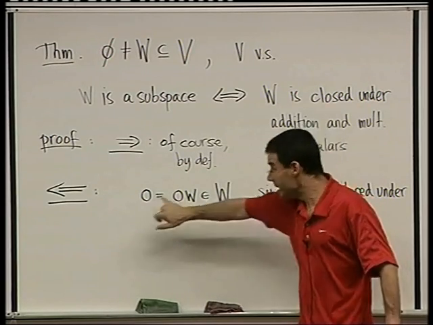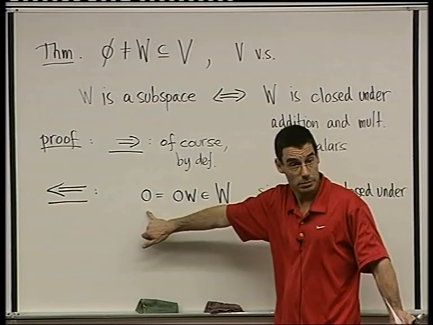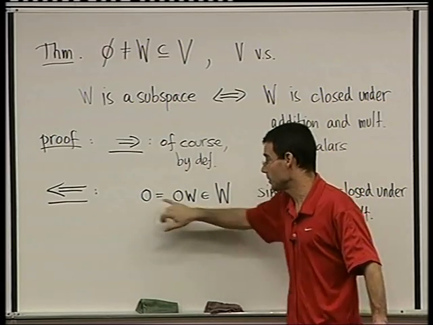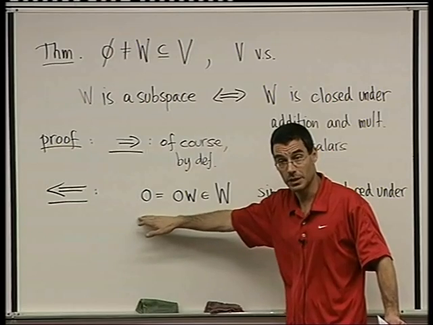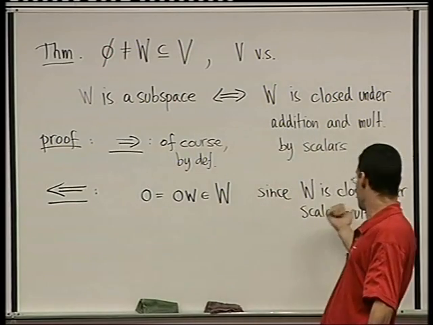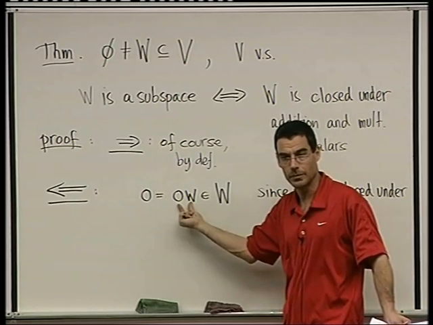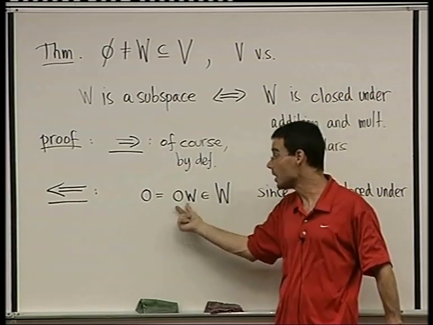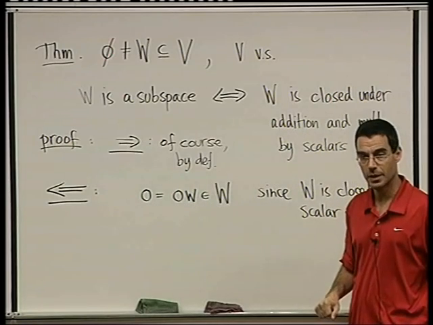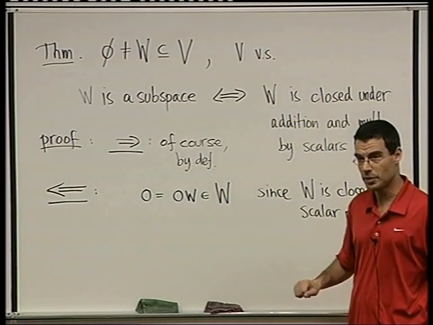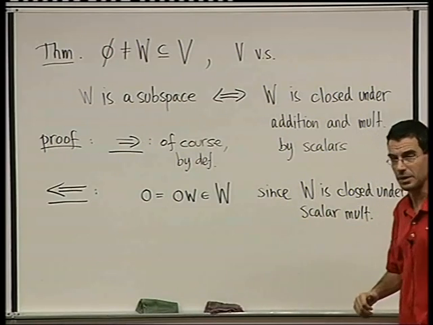You get 0. That we know from the bigger space, from V. Do you agree? But since W is closed under scalar multiplication, whatever you got here is going to be in W. So 0 is in W. Good? A bit confusing. There's almost nothing to write, but there it is.